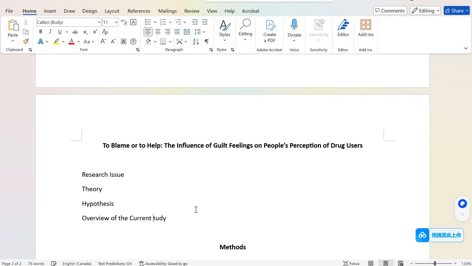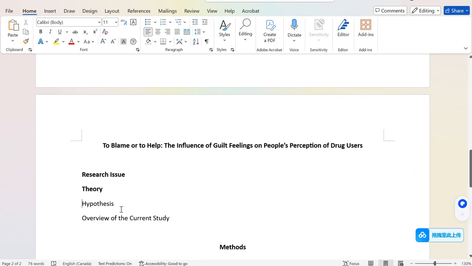In APA style, I'm making the heading. This is a level 1 heading. Under the level 1 heading, I have level 2 headings.